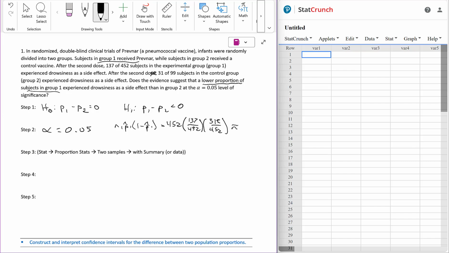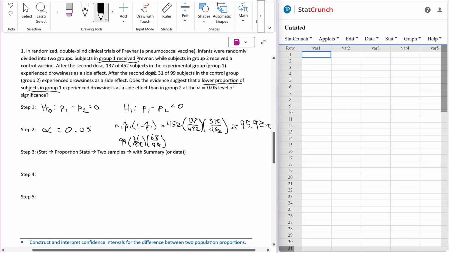And this comes out to about 95.5, which is greater than or equal to 10. For the second one, I'll just write the numbers here. We had 99 times 31 over 99 times 68 over 99. And that one came out to about 21.3. So greater than or equal to 10 there still.